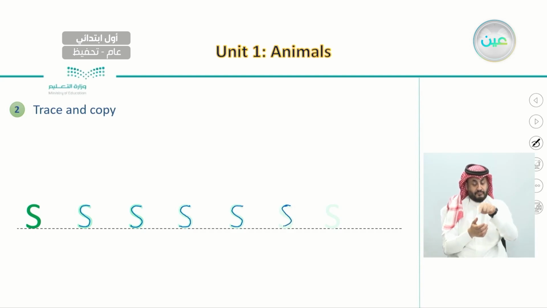This is how we trace letter S, and after we finish all the tracing, it is time for us to write letter S.